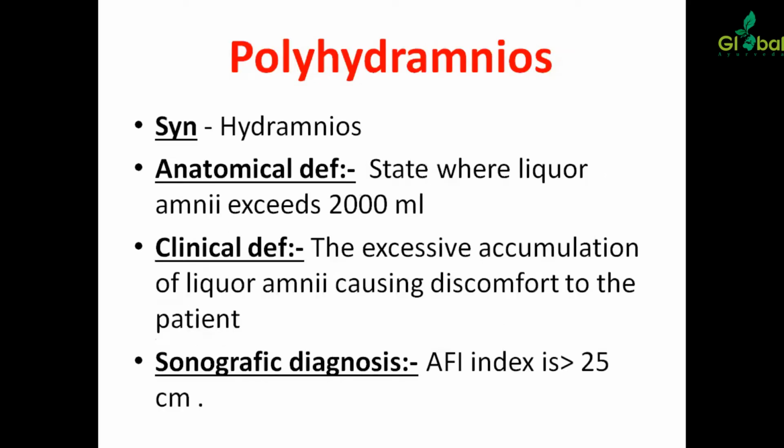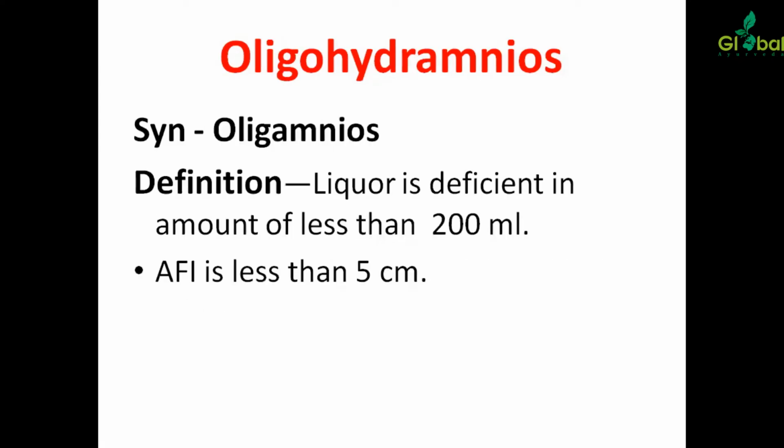Polyhydramnios or hydramnios is when the liquor amnii exceeds 2000 milliliters. The clinical presentation is excessive accumulation of liquor amnii causing discomfort to the patient, or AFI, the amniotic fluid index, is greater than 25 centimeters.